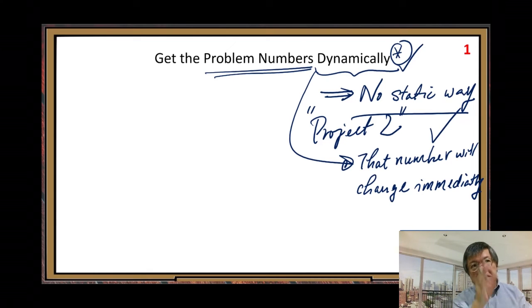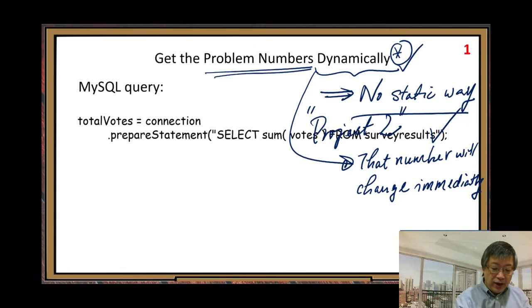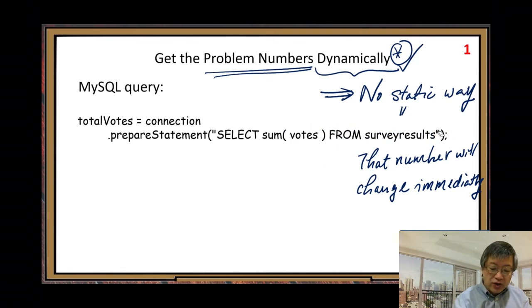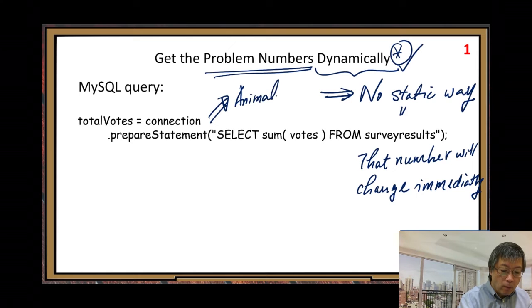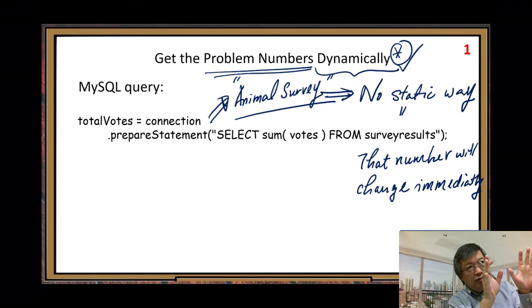Next, let us start from something similar in our existing example. MySQL query, we have a similar one. Here, let me use this query. This is from the animal survey example. In that example, you can see the total number of votes.